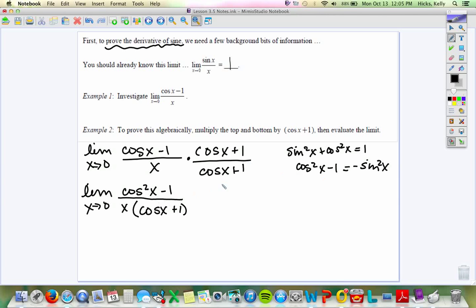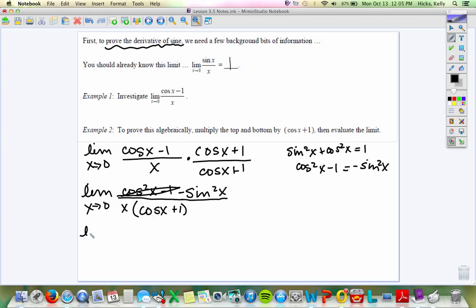Let's use that information here and trade this out. So instead of cosine squared x, we have negative sine squared x. Now we have the limit as x approaches 0 of negative sine squared x over x times cosine x plus 1.